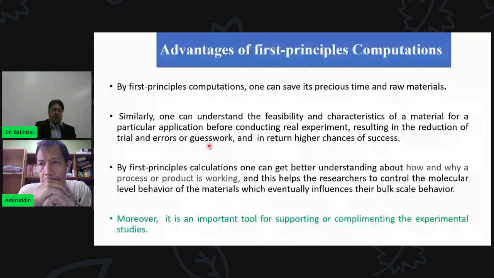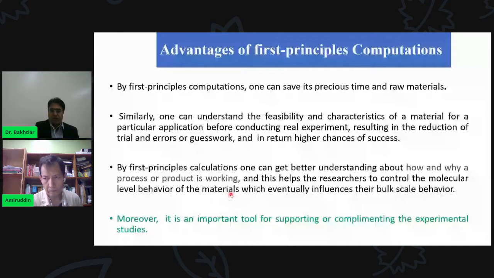By first principle calculations, one can get better understanding about how and why processes or products are working, and this helps researchers to control the molecular level behavior of the materials, which eventually influences their bulk scale behavior.